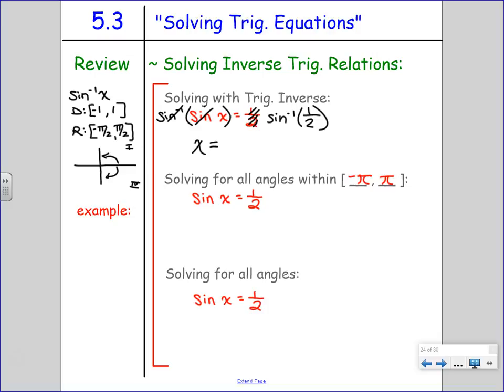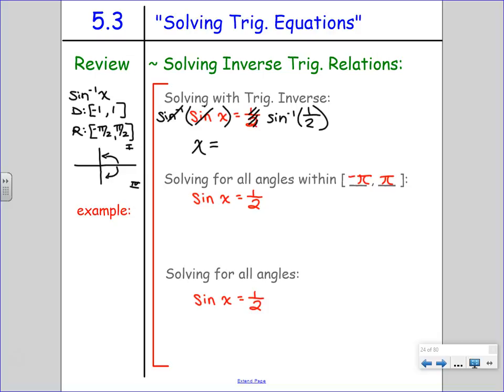On the other side, I have to go to the unit circle and ask myself the question, when is sine 1/2 here or here? Positive, first quadrant or fourth quadrant? First. Okay, I know it's between 0 and 90. Sine is 1/2. Would that be 45? No, that's root 2 over 2.